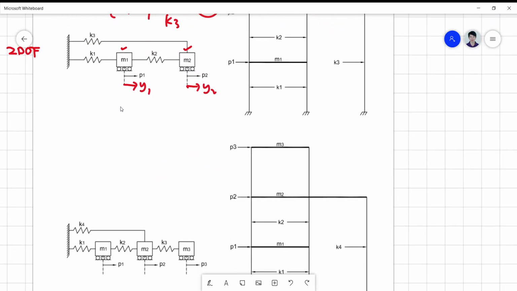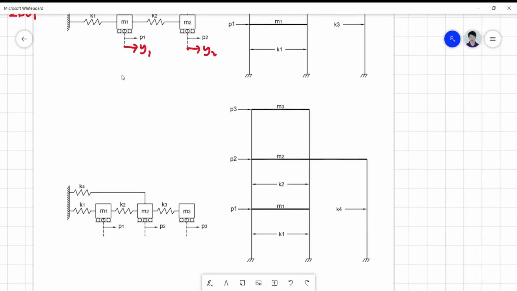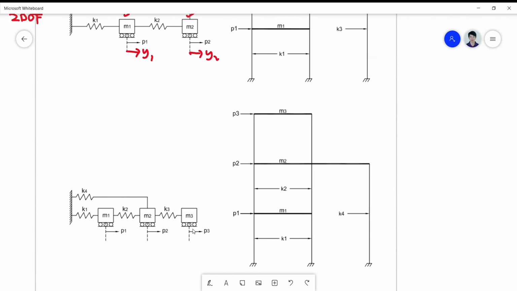And for the last, a more complicated one, we add one story. It's not complicated actually, but similarly, we have a 3-degree of freedom system. You count the mass 1, 2, 3, and then you assemble it right away.